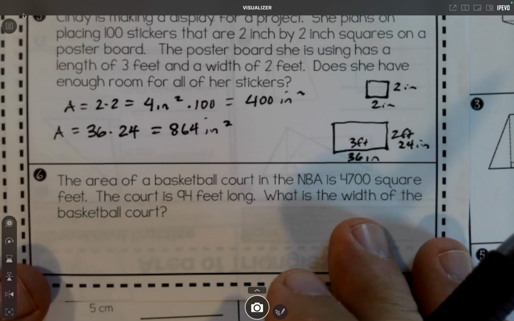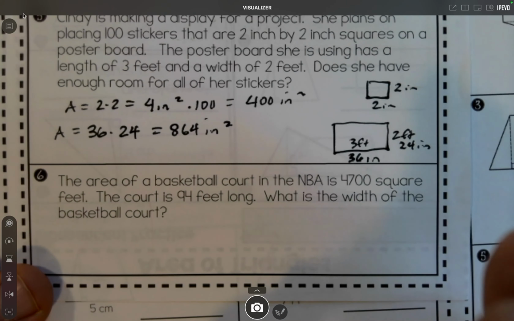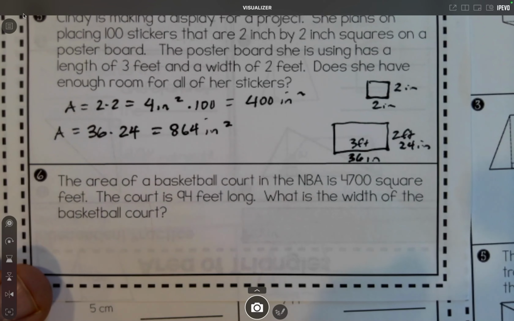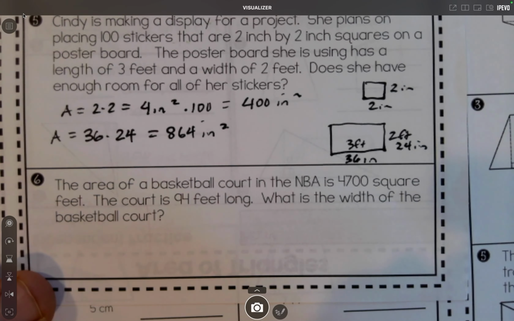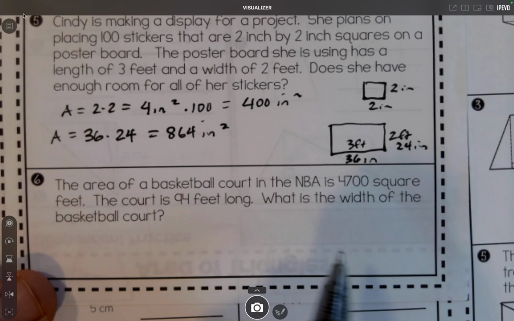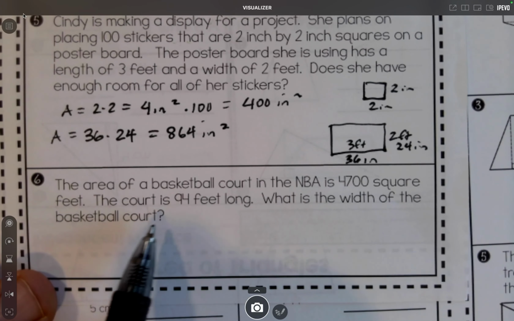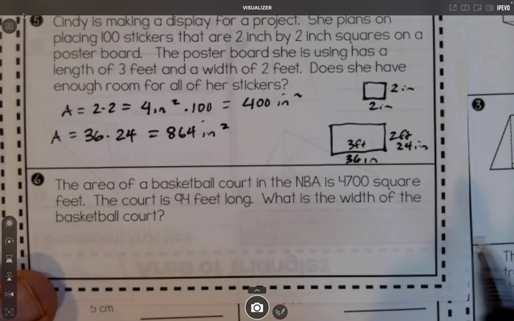Okay, here's an area. Here's a place sports comes in. So the area of a basketball court in the NBA is 4,700 square feet. The court is 94 feet long. What is the width of the basketball court? Okay, and since we're dealing with a rectangle, you can really think of it as length times width or base times height.